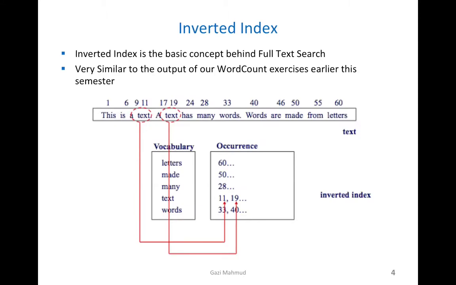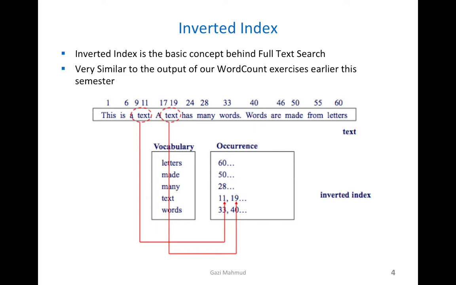So now let's go over briefly what an inverted index is all about. Inverted indexes are very similar to the word count examples that we've done earlier in the semester. Given a chunk of text, like a paragraph, an inverted index, in a very general sense, calculates for each word how many occurrences, and in some cases also their positions within the chunk of text.